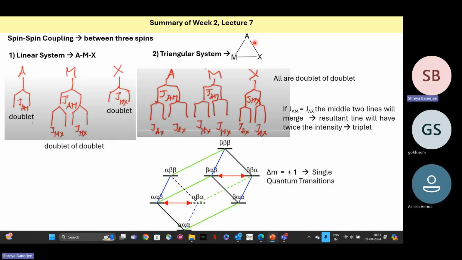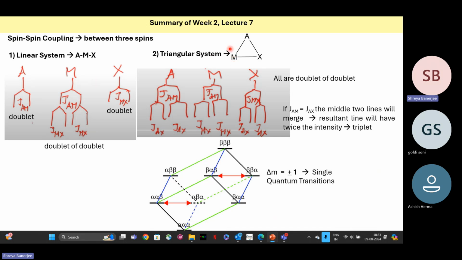Now if it is a triangular system, each proton is interacting with two other protons. M is interacting with A and X is interacting with A and M, and so on. In the linear system, we saw that if one proton is interacting with two other non-equivalent protons, it forms a doublet of doublet.